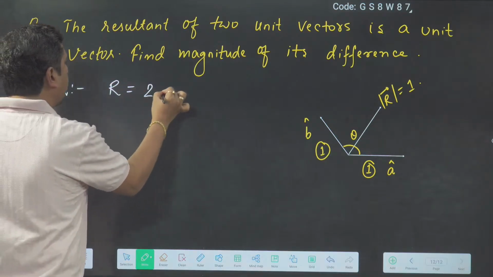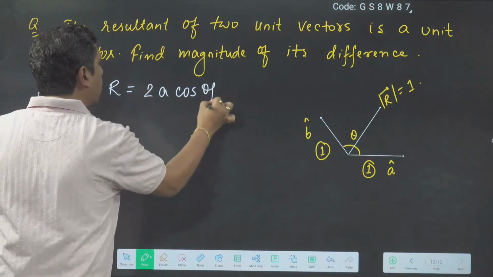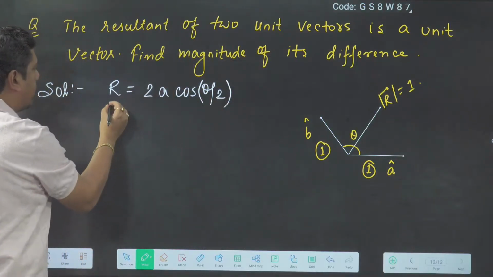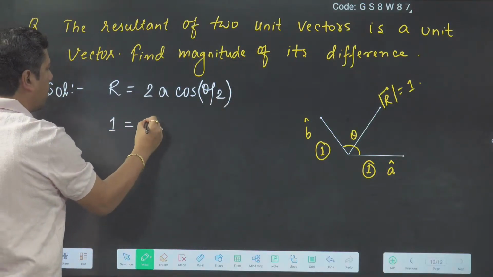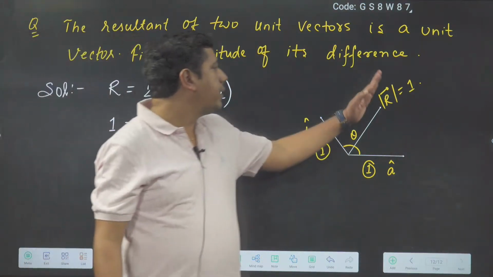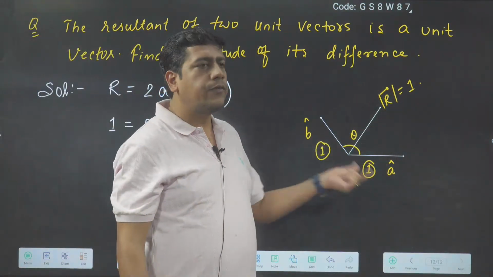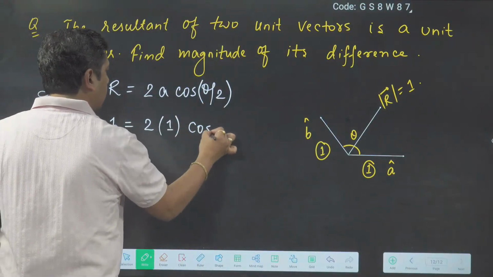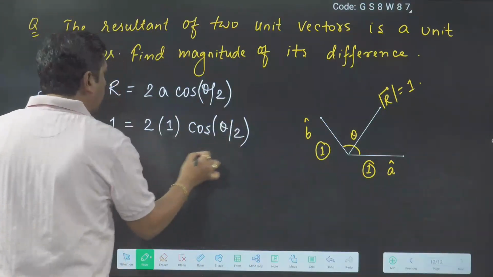The resultant is equal to 2a cos theta by 2. The resultant is a unit vector, and the vectors which we are adding are also unit vectors, so a is 1.